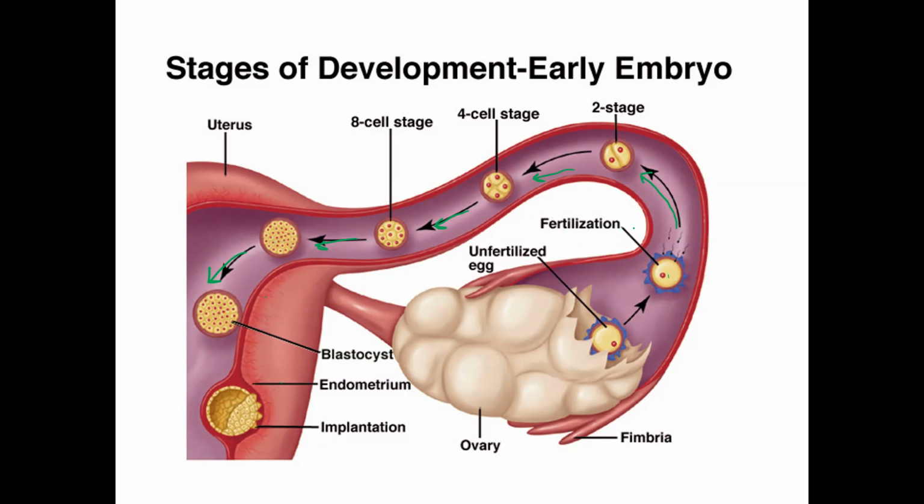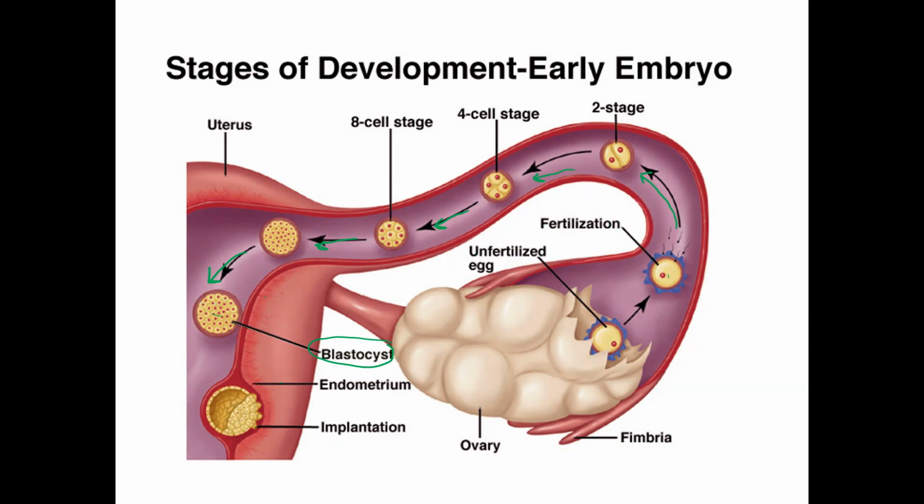So you go from 1 cell to 2 to 4 to 8 to 16, etc., until eventually you form a ball of cells called a blastocyst. So it's hollow on the inside. But of course, all the cells are tiny. As you can see here, the blastocyst is not much bigger than your starting cell, because even though you're replicating a lot, the cells are tiny.